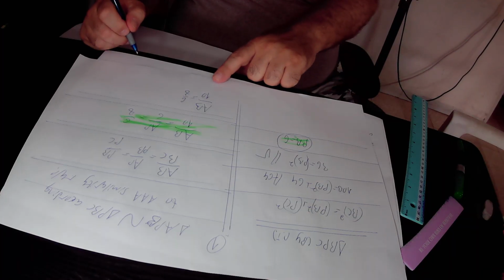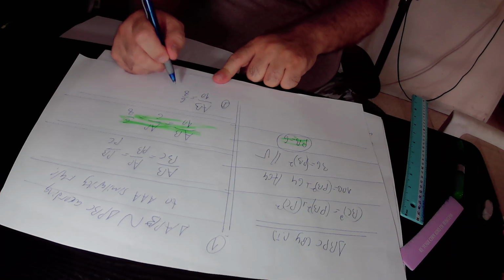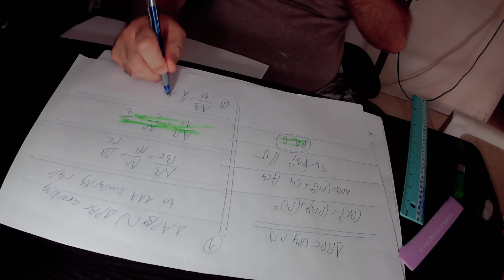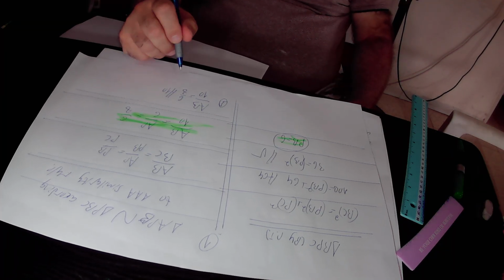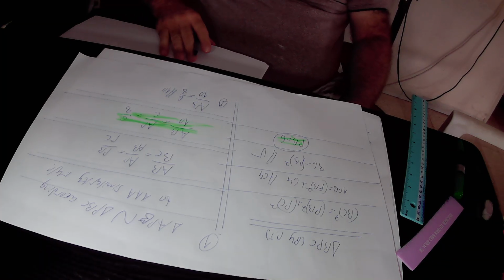Here we will multiply this equation 1 by 10. And we get that AB equals 10 times 6 is 60 over 8.